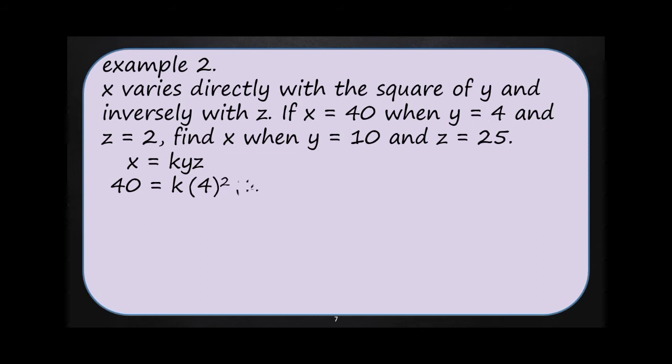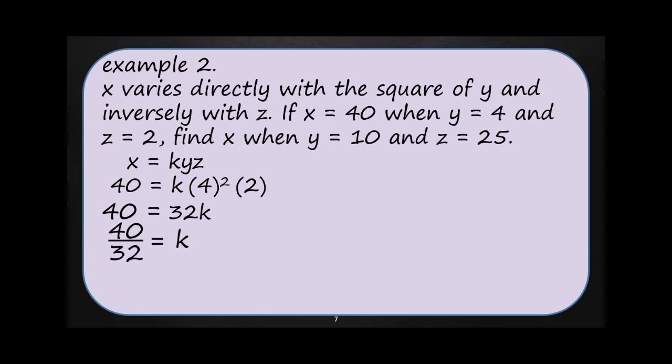Then we have 2 as the value of z. So we have now 40 is equal to the square of 4, which is 16, multiplied by 2, which is 32k. Okay, so divide both sides by 32 para makuha natin ang value ng k.